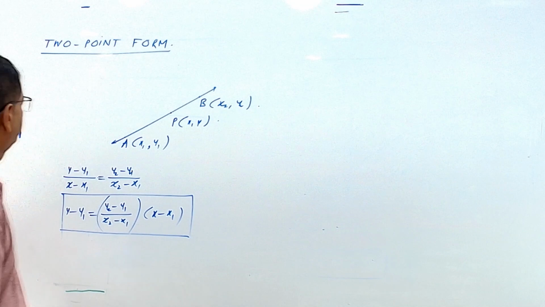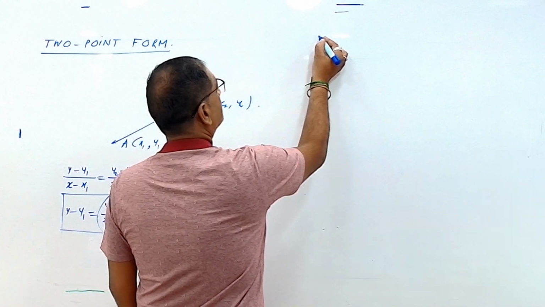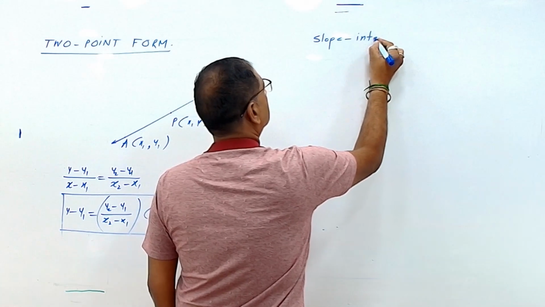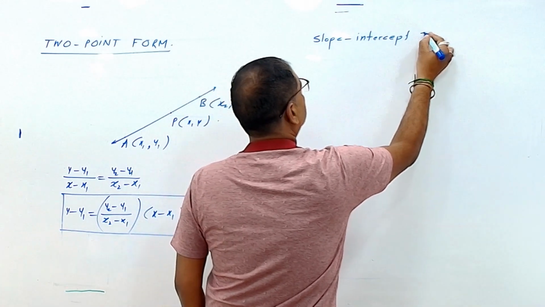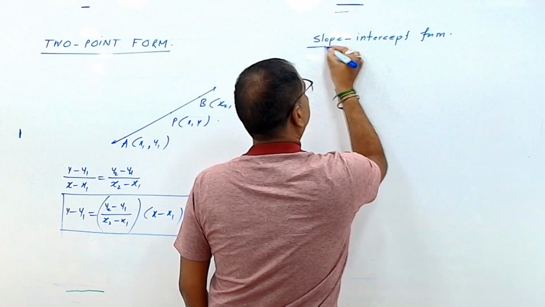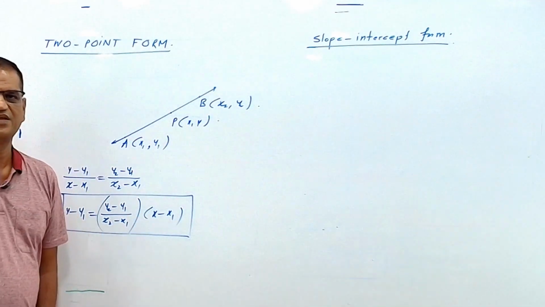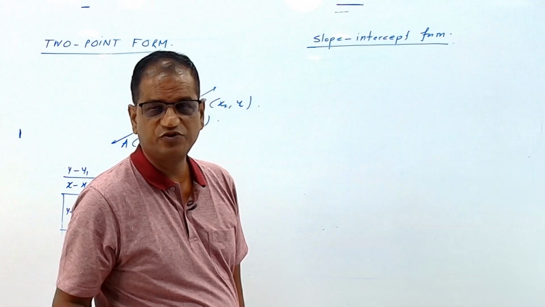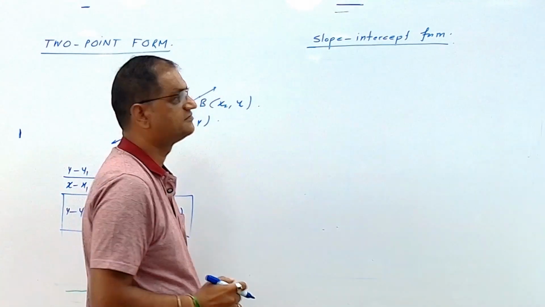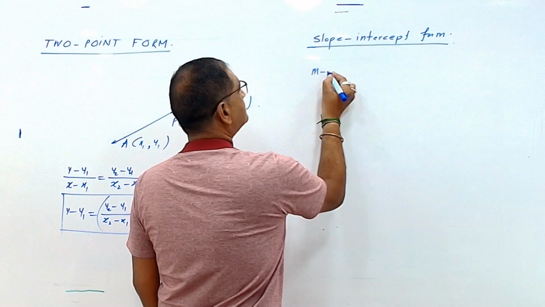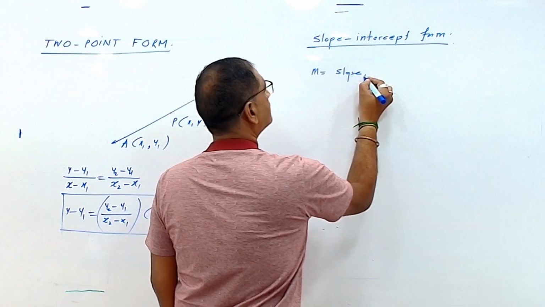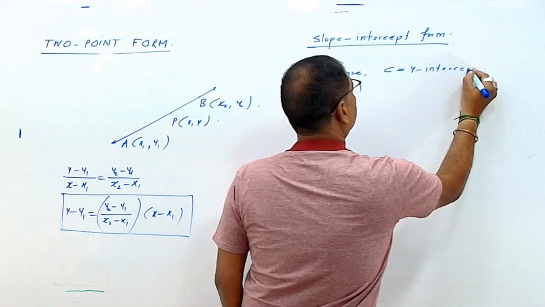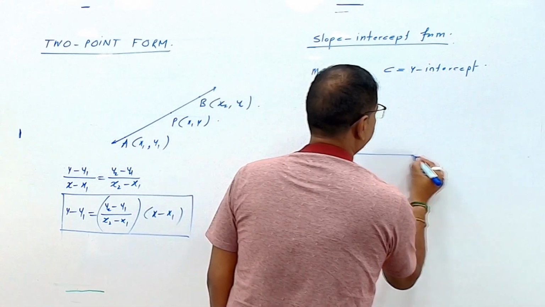Now next, slope intercept form. Now, in the slope intercept form, the slope will be given to you and y-intercept is given. m is the slope and c is y-intercept. I'll show you the diagram exactly what I mean to say.